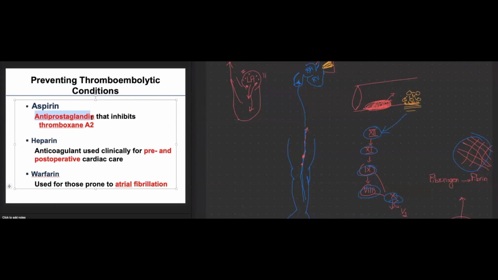All right, that's why your doctor will tell you stop taking any kind of aspirin before the surgery. He wants to make sure that when he cuts a vessel, it seals.